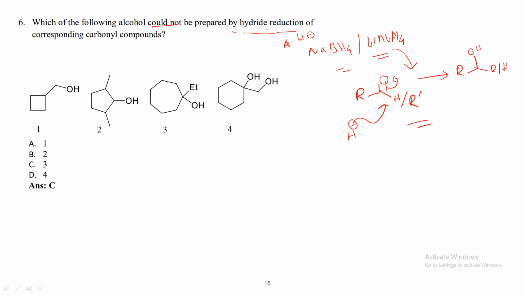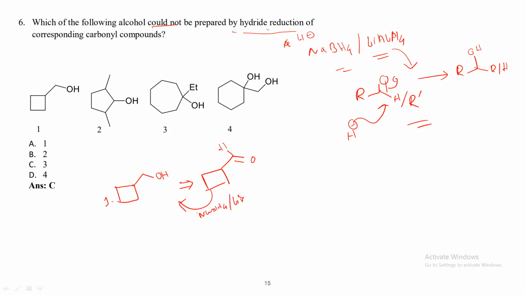So if we are asked which of them cannot be prepared in this way, let's see. This is for one. How can it be prepared? On the corresponding carbonyl, if we do the NaBH4 or LiAlH4 treatment, this would lead to this.